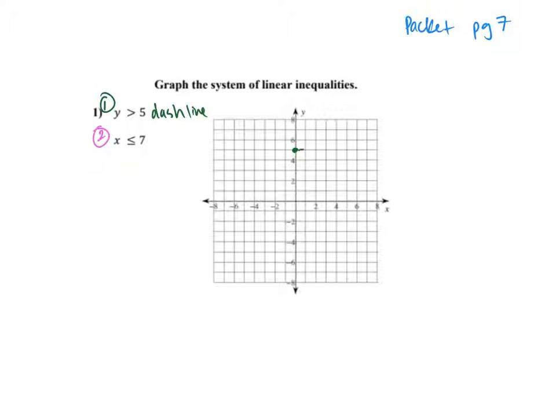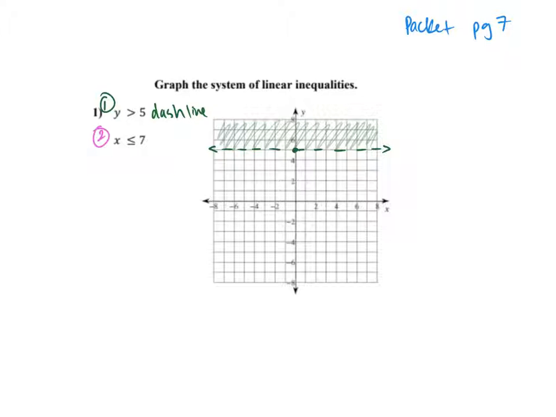So this is going to be a dashed line. Let me go get my highlighter here. It says that y is greater than 5. In that case, when you look at the y-axis, y values that are greater are over here. They're going to be above this line. So I need to shade above this line.